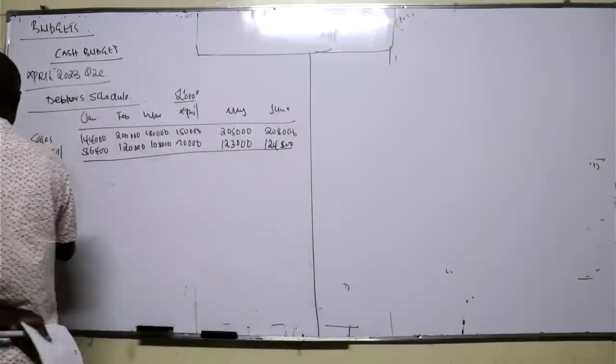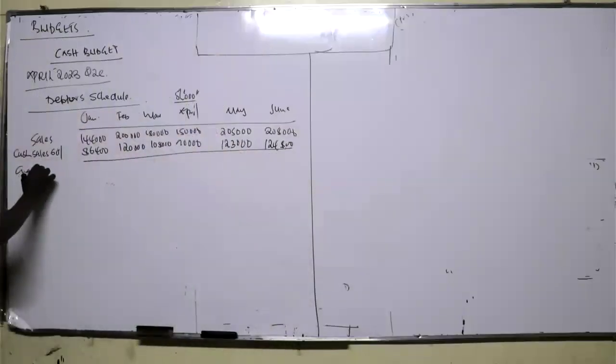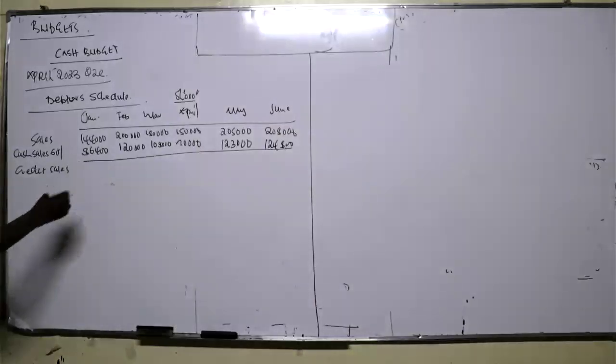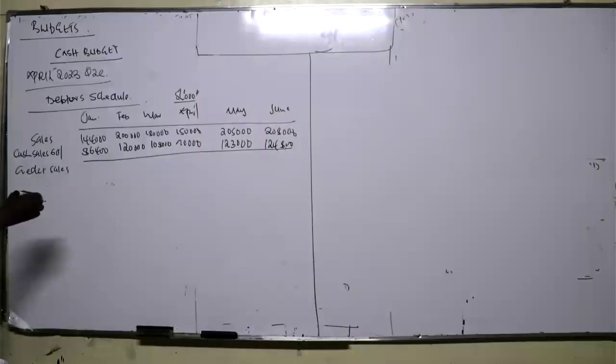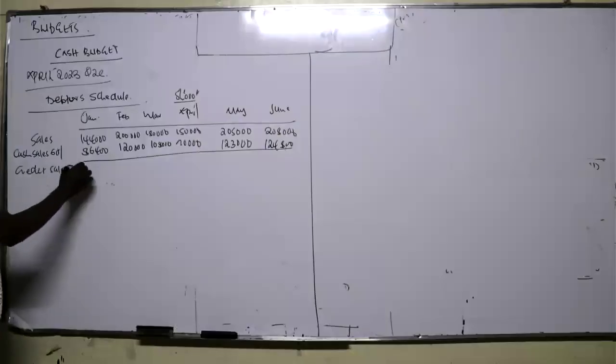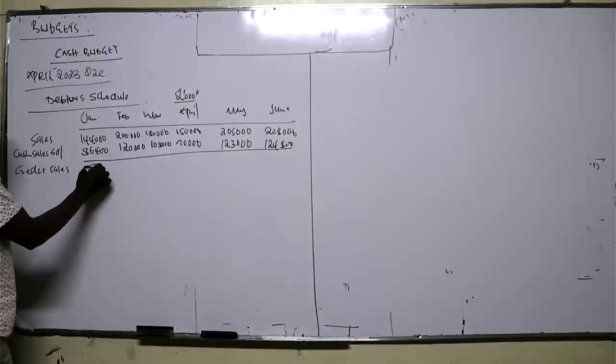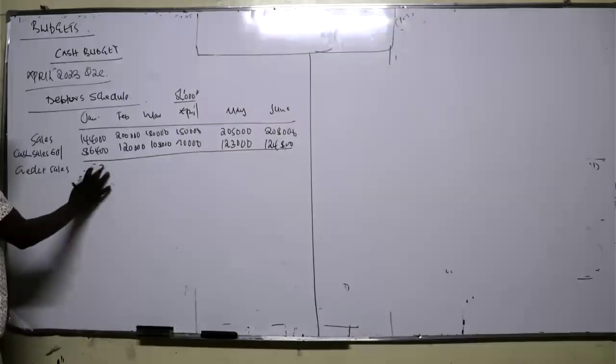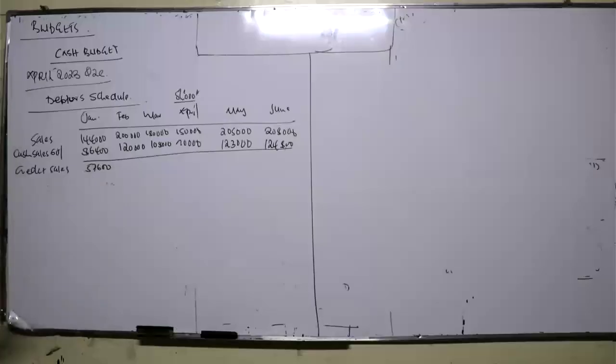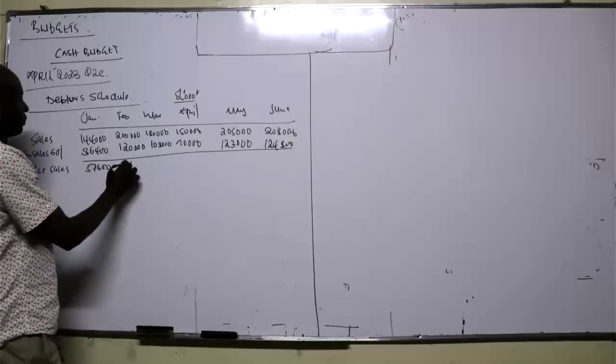The balance will be the credit sales. So what will be the balance here? 57,600. And the other one, this one will be 80,000.